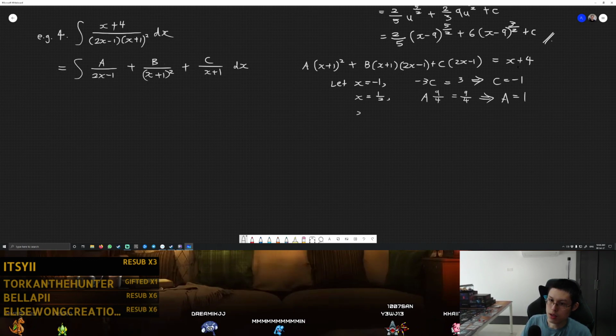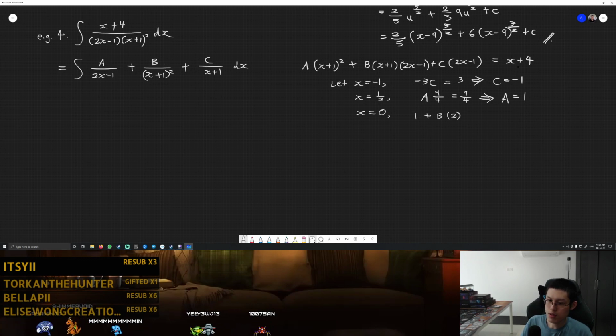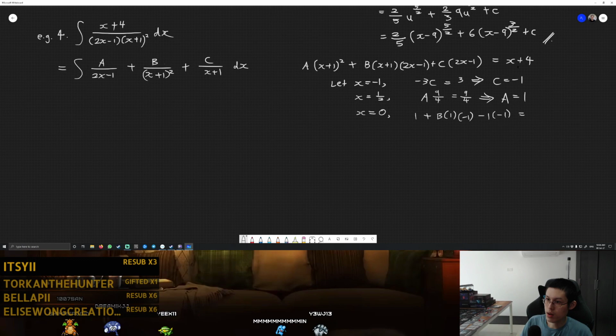Okay, and then we're going to say when x is equal to 0, what do we get? We have 1 times 1 is 1, plus B, and then we have 1, negative 1, minus 1, and then 4.